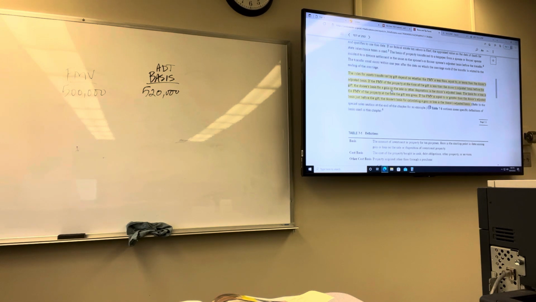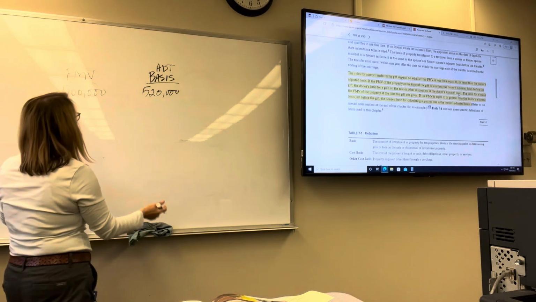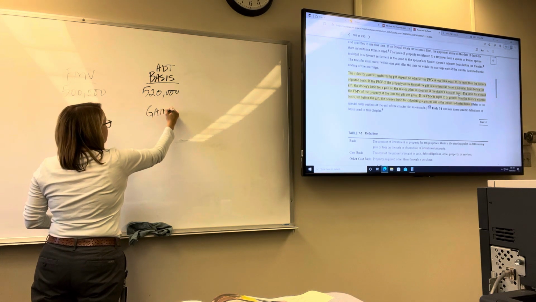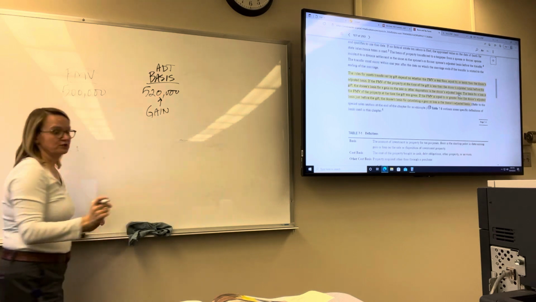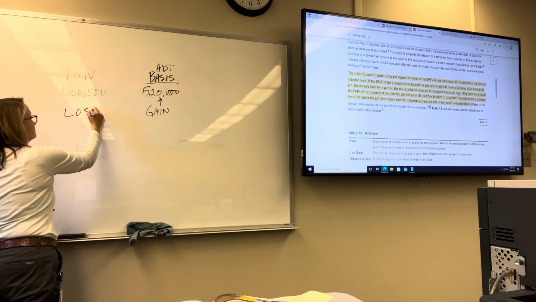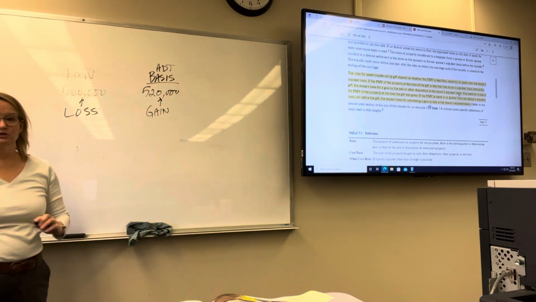So here, the fair market value of the property at the time of the gift is less than the donor's adjusted basis. Then the donee's basis for a gain on the sale is the donor's adjusted basis. So if we have a gain, this is our adjusted basis. If we have a loss, this is our adjusted basis.